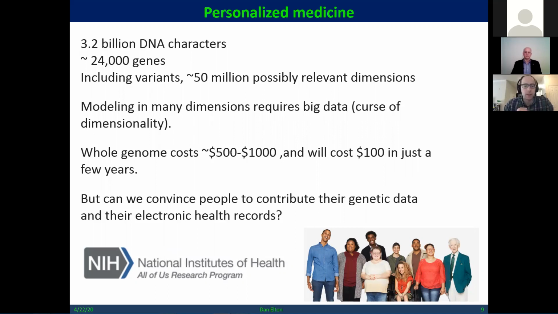But there, what we need is people to donate their data. We need people to contribute their genetic data, so that scientists can perform studies and analyses on all of the different sequences.